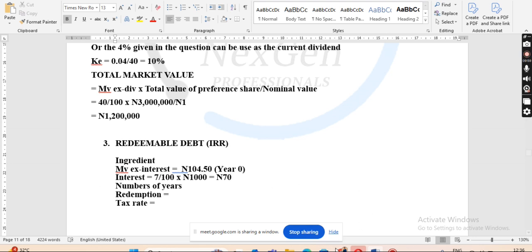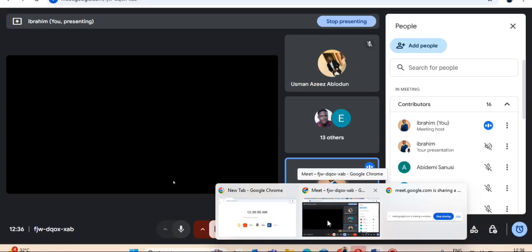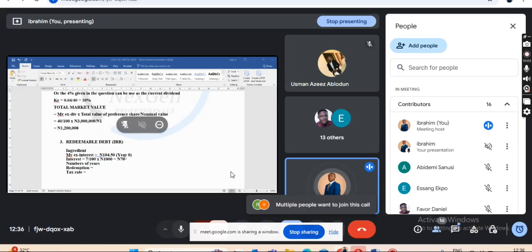When you want to change your interest rate, even if the interest rate is 10%, it will be 10 over 100 times the nominal value, so that if the nominal value is 100, the 100 can cancel 100, and you will have 7 naira. You will see some textbooks just give you 7%.